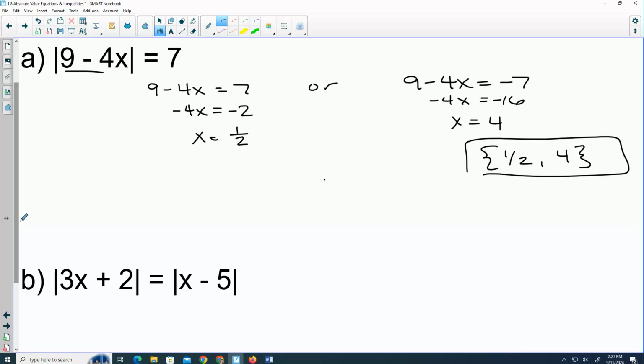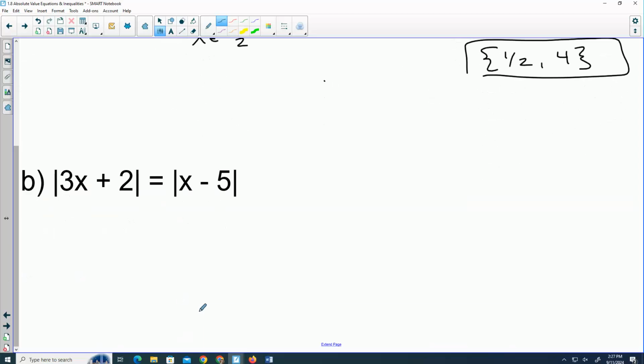What if I put absolute values on both sides? Does that change anything?